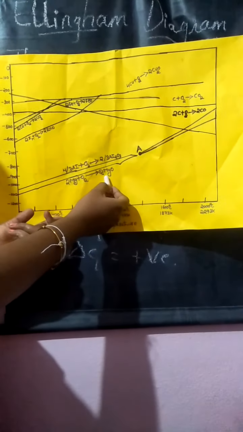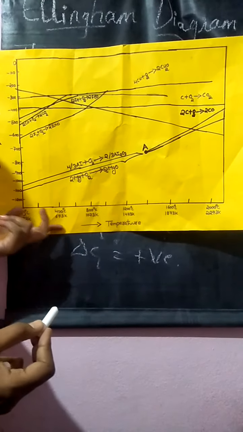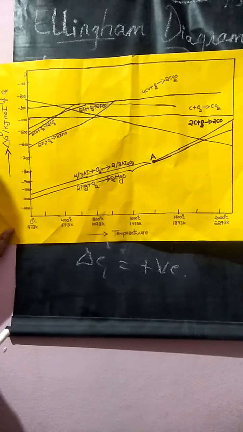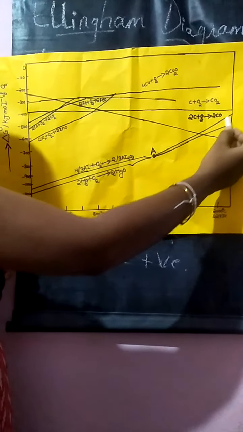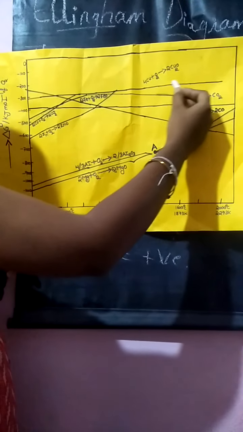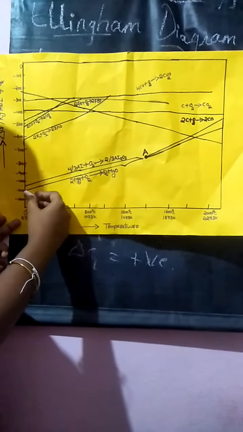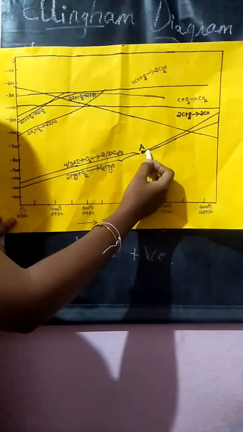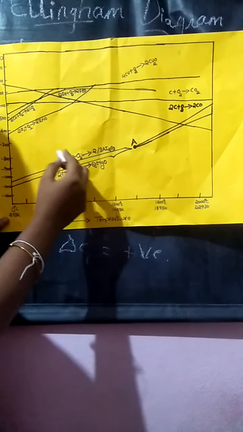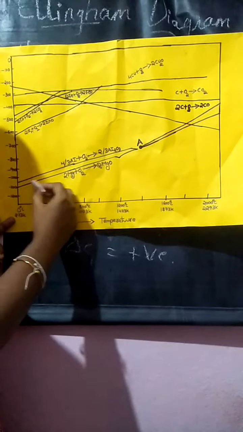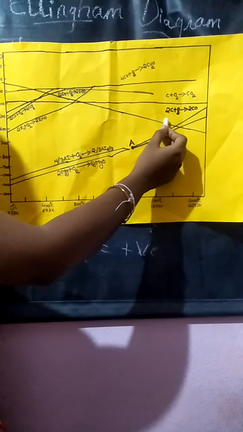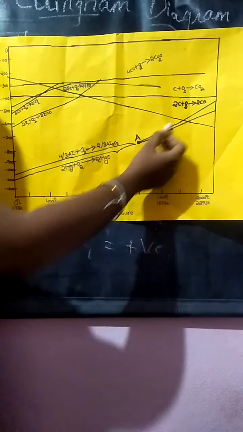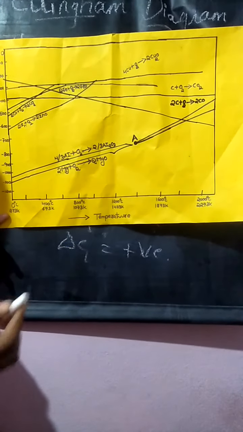Okay. And the third important point you have to observe here is, you can see some of the graphs are not straight lines. They are not increasing straightly, but you can see an abrupt change in the curves. That is, it is moving in a straight line, and then it changes its direction.